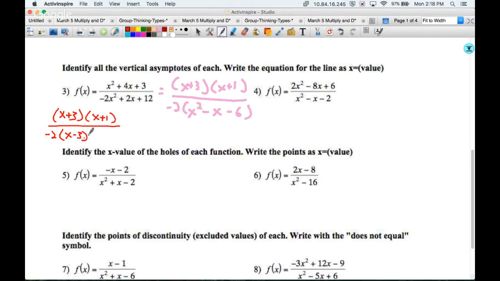So x minus 3, x plus 2. So I look and see if any of my factors are going to cancel out. None of them do. So my vertical asymptotes are the values that make the denominator equal to 0 and don't cancel out. So our vertical asymptotes are going to be at x equals 3. That's the value that would make this 0. And x equals -2.